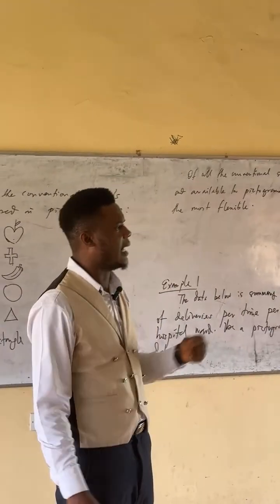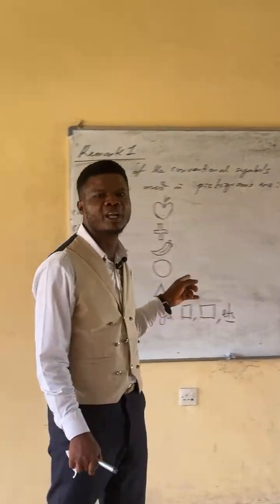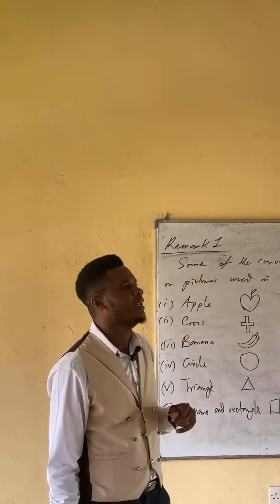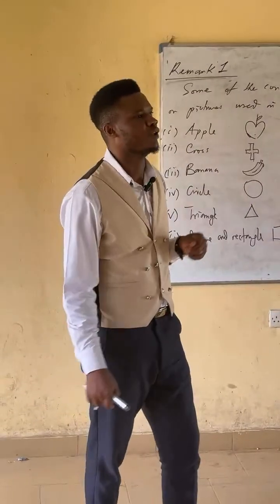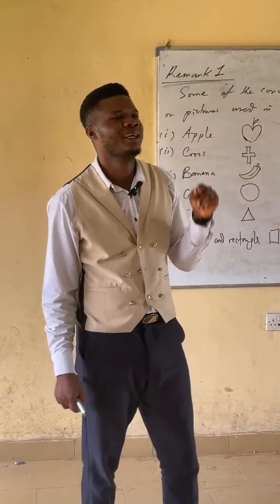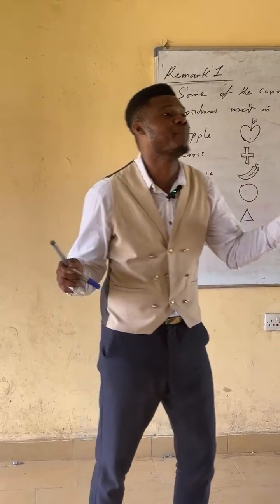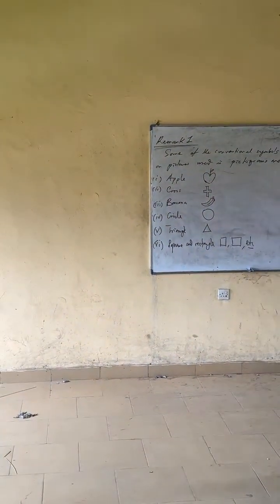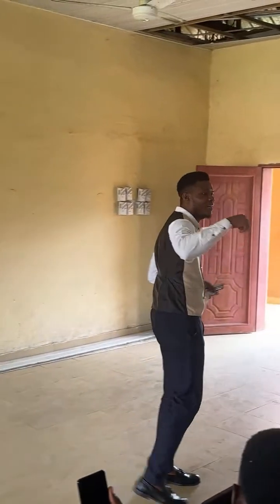When I was a little boy, there used to be a problem whenever we shared things at home. For example, your mother brings home bananas from the market, and you are many in your house, so she decides it should be two persons to one banana.